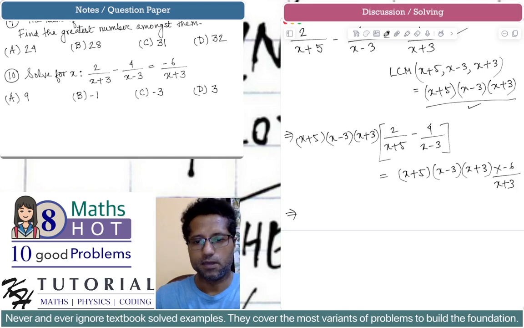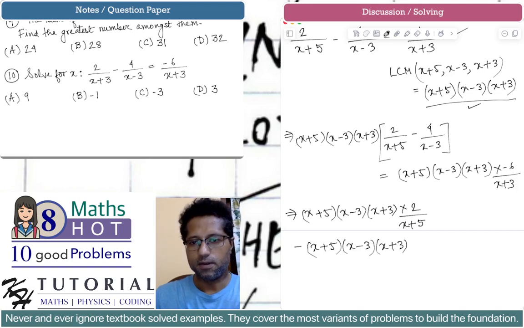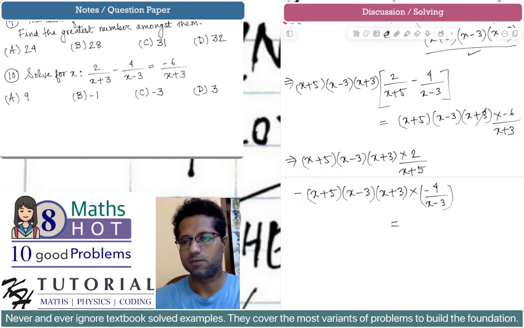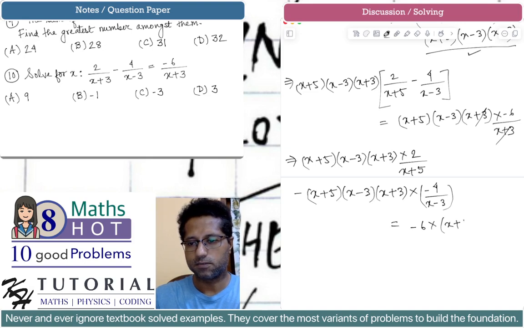So this will be x plus 5 multiplied by x minus 3 multiplied by x plus 3 multiplied by 2 by x plus 5, minus x plus 5 multiplied by x minus 3 multiplied by x plus 3 multiplied by minus 4 by x minus 3, is equal to, on the right hand side you see that x plus 3 and x plus 3 will get cancelled out, and we get minus 6 multiplied by x plus 5 multiplied by x minus 3.